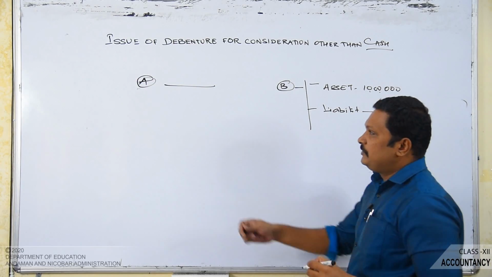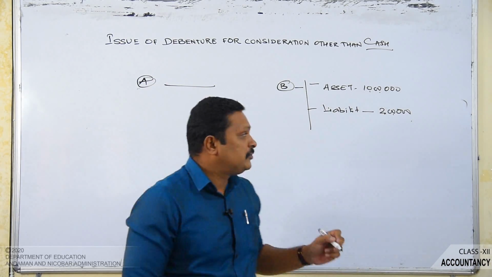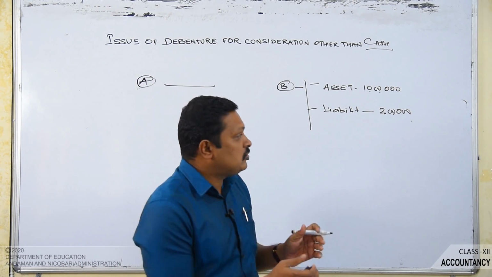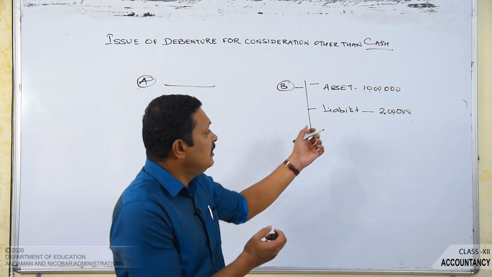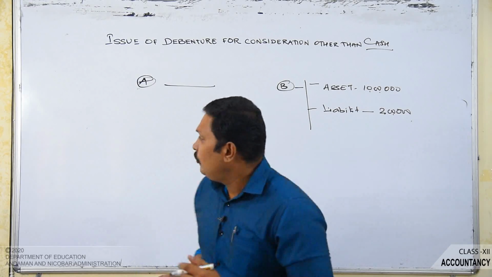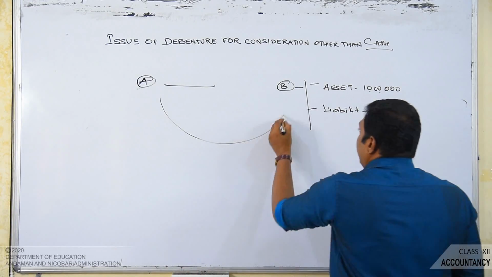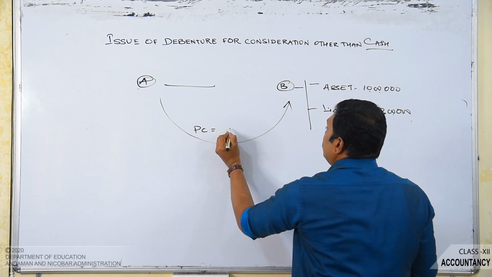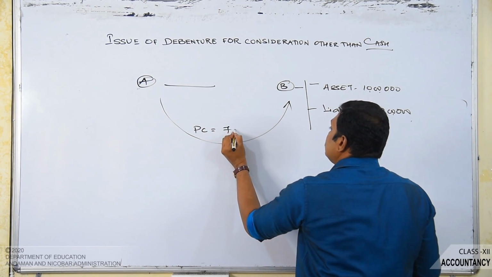We have to purchase all the assets as well as take all the liabilities. Both the parties agreed and fixed a rate. That rate is called the purchase consideration, which is 7 lakh.